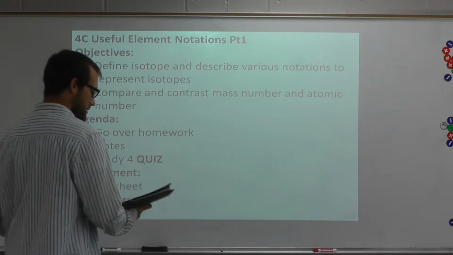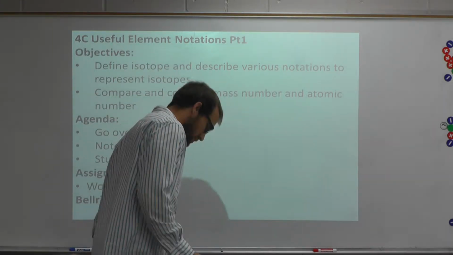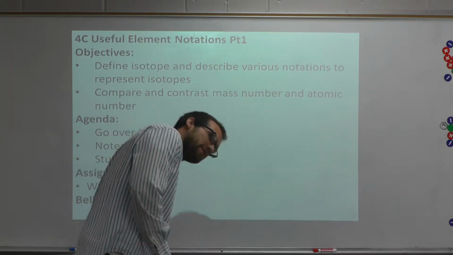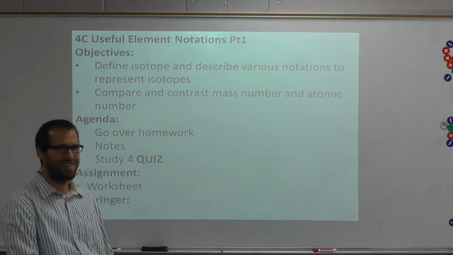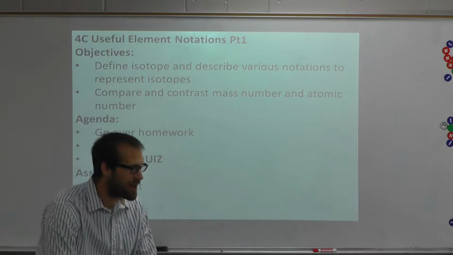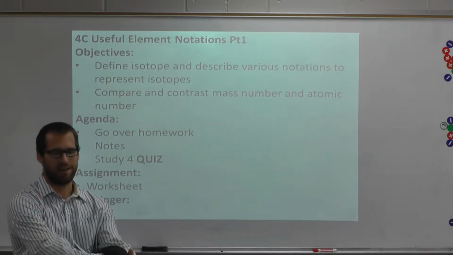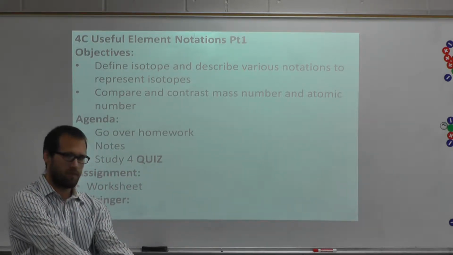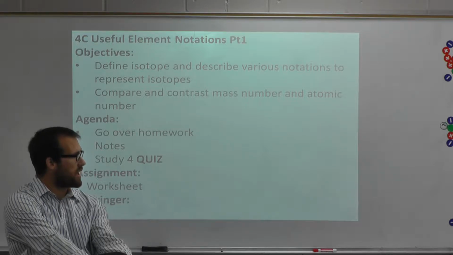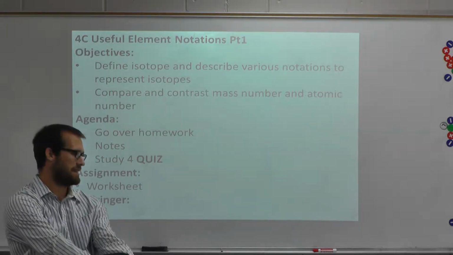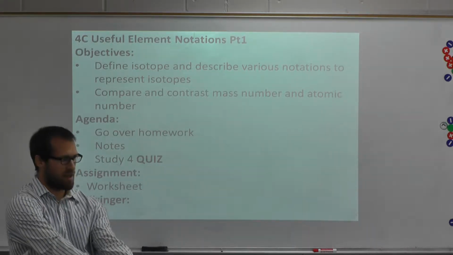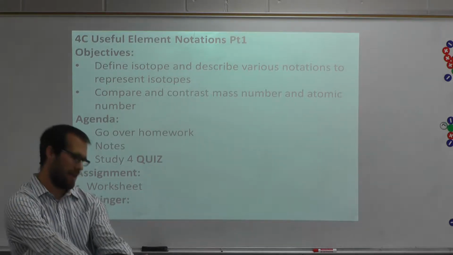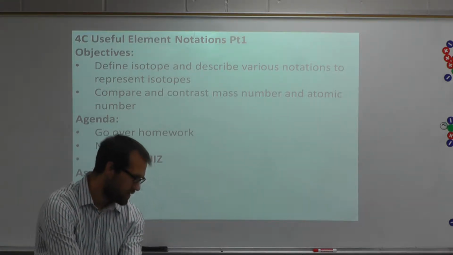Okay. But let's just quickly review some things. What does the symbol Z represent? The atomic number. And what is the atomic number? The number of protons. Okay. And where do you find the Z? The red numbers, and it tells you the number of protons, but also indirectly tells you what? Electrons.